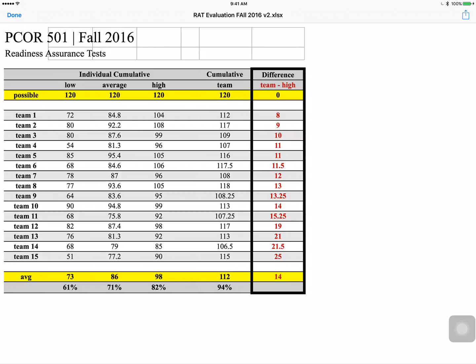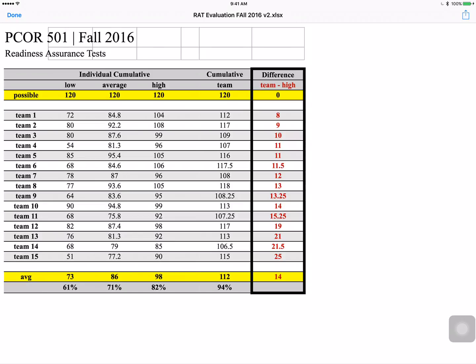At the bottom of the screen, you see the average individual cumulative low score, the average individual cumulative average score, and the average individual cumulative high score. Those are 73, 86, and 98 respectively.